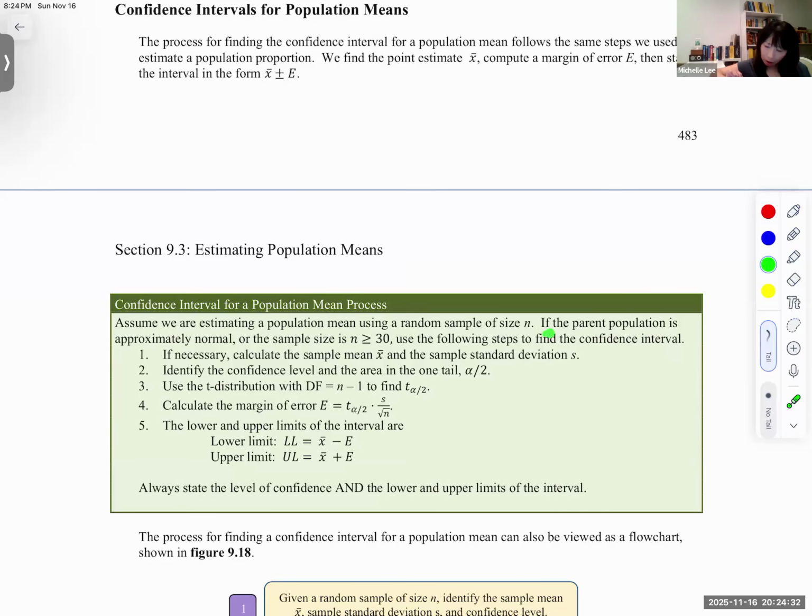If the parent population, meaning the original distribution, is normal, or the sample size n is greater than or equal to 30. This is from the central limit theorem, right? For the population mean, we have two parts of the central limit theorem. This is for part two, right? Okay. We check that it is normal, right?